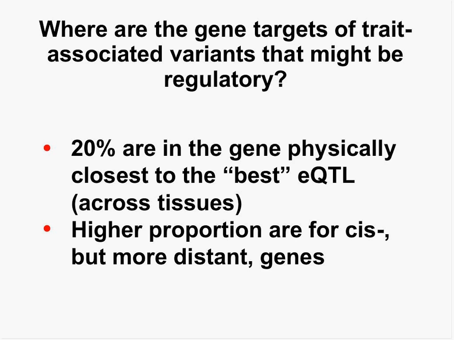And to the extent that we use imputation now to interrogate essentially all variation that we know about, we're catching more, presumably, of the truly causal variants, even in these first-pass analyses.